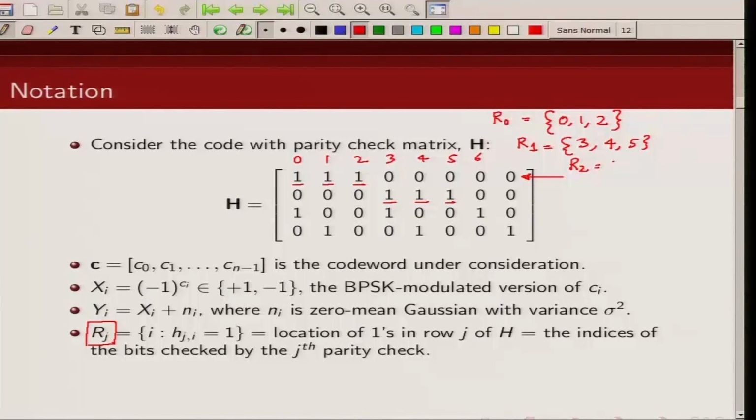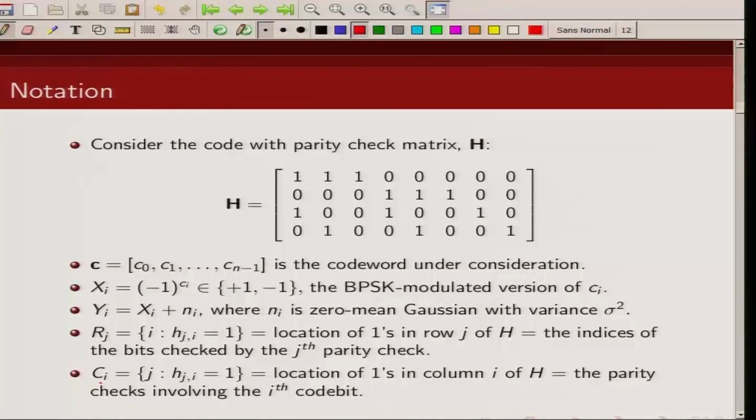R2 will be 0, 3 and 6. And R3 will be 1, 4 and 7. So that is your Rj.